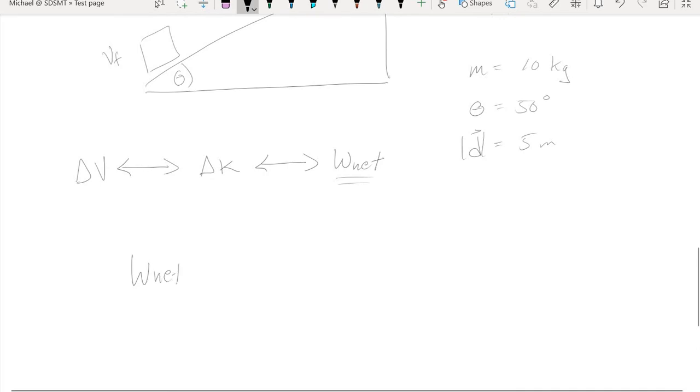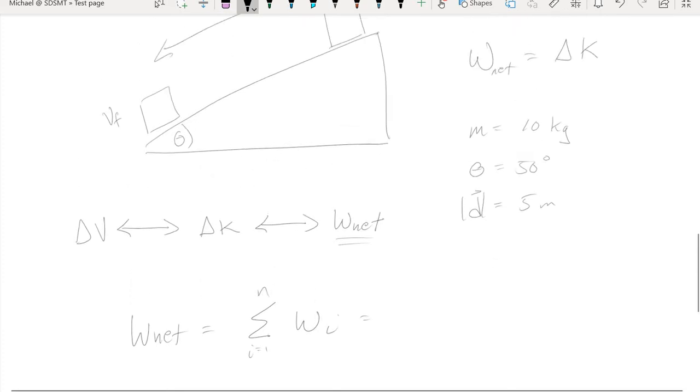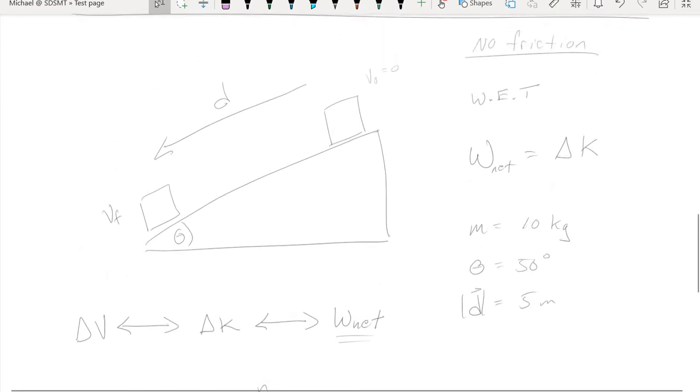Net work is the sum of all work done by all forces in the system. So we need to take a moment and identify all of the forces that are going to be acting on this mass as it slides down the incline. The first force of note would be the weight.